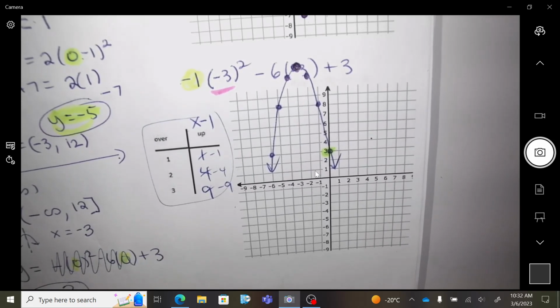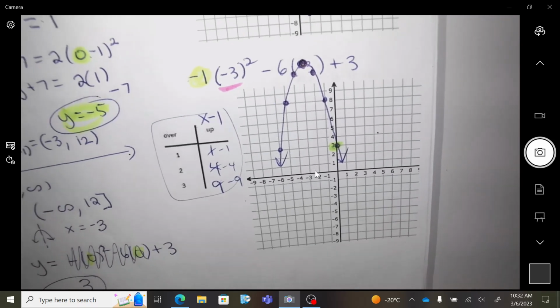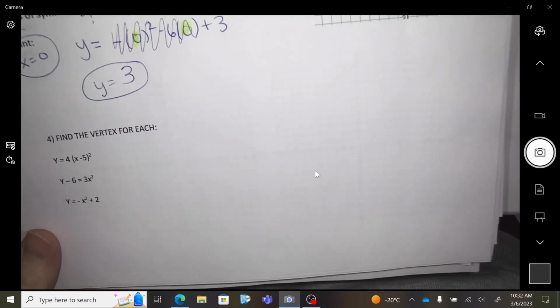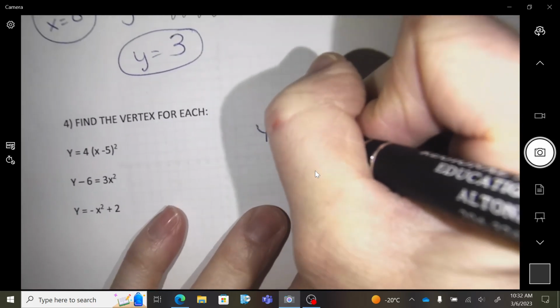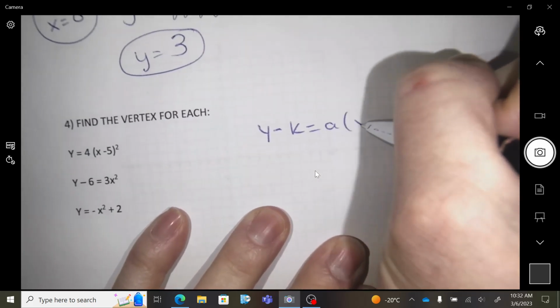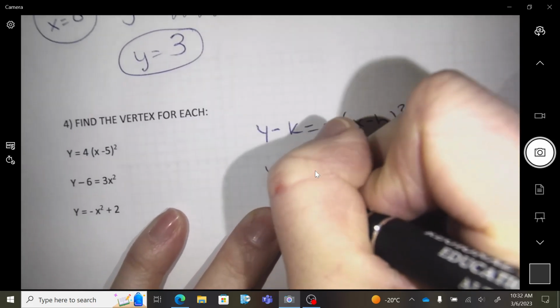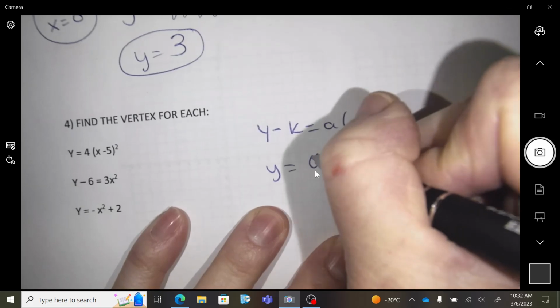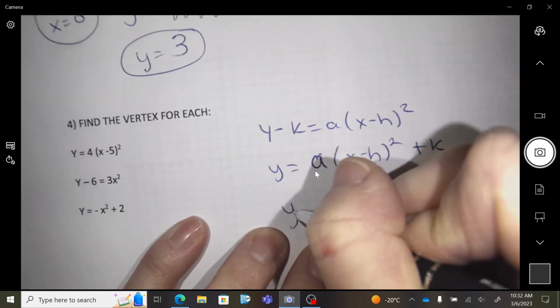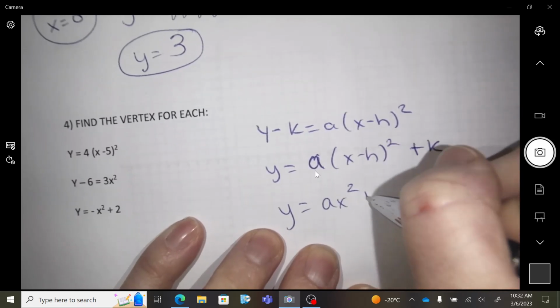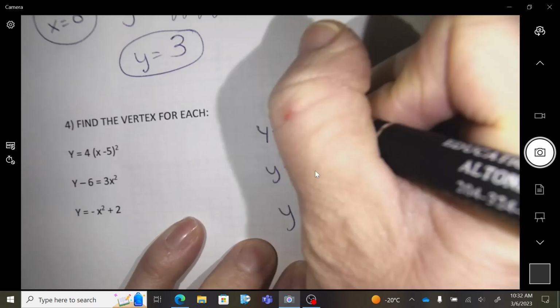Okay, number 4 is just find the vertex. And I'm going to write these so you can refer to them. So this is your formula sheet.